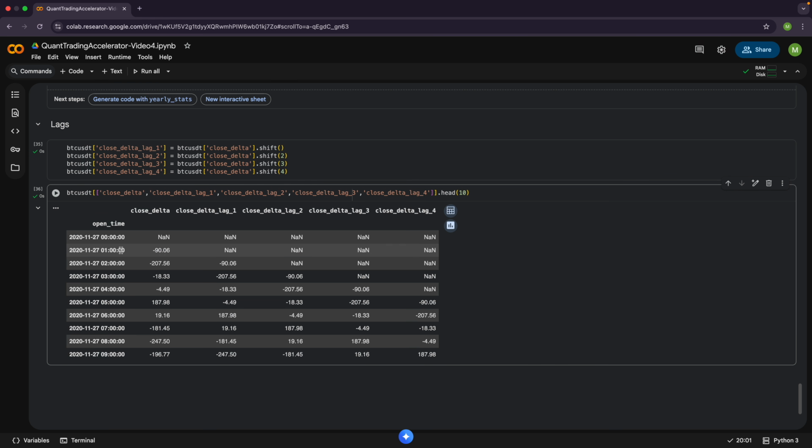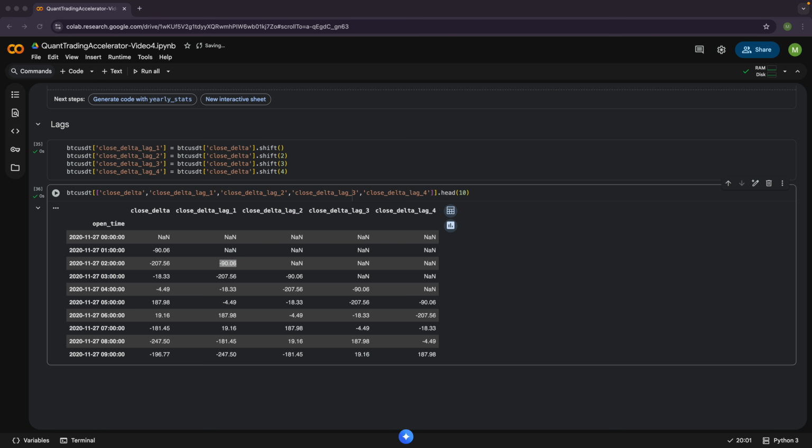So you can see here that we want to make all the data sit in one row. For example, this value here corresponds to this value here because it takes it from the previous value and so forth. On lag 2, it takes it from lag 1 and so forth.